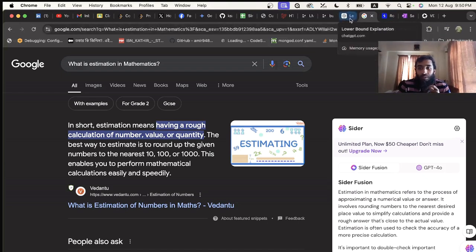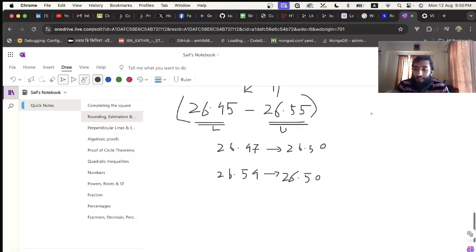So you have to first understand the subtle differences between rounding and estimation. So let's say 2.467, this number. Now it has 4 digits, right? 1, 2, 3, 4, 4 digits. So what is the difference between rounding and estimation? In rounding, I want to lessen the number of digits.